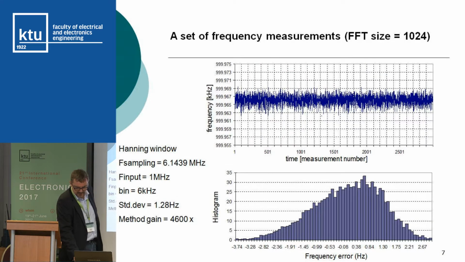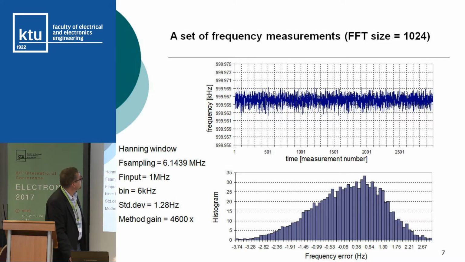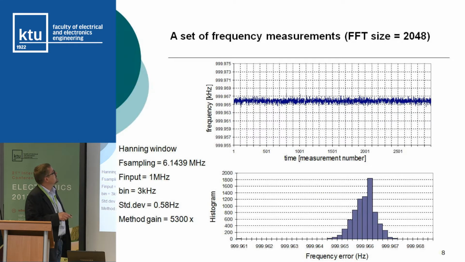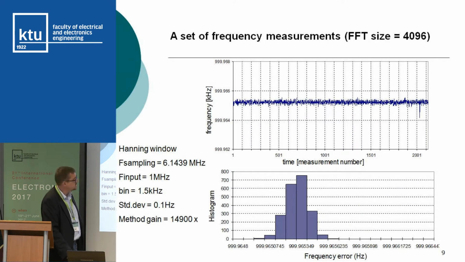On the next slides, the only thing that changes is the FFT size. For a bigger FFT size, we have the signal with lower noise, and the histogram is narrower. The same is true for 4 kilosamples.